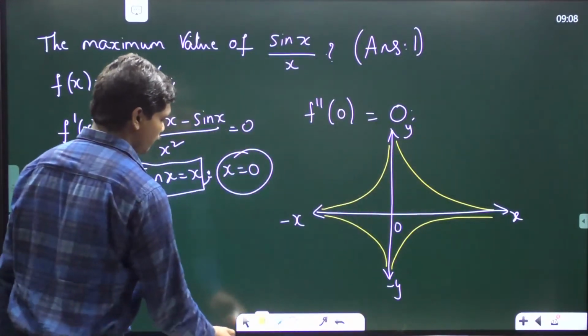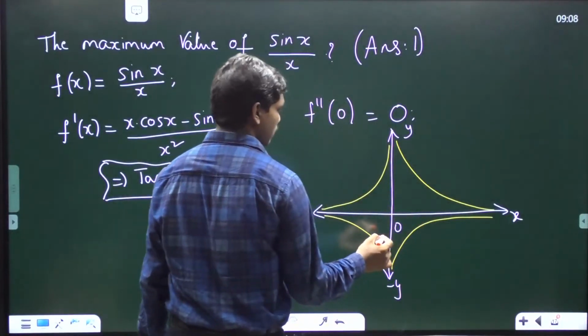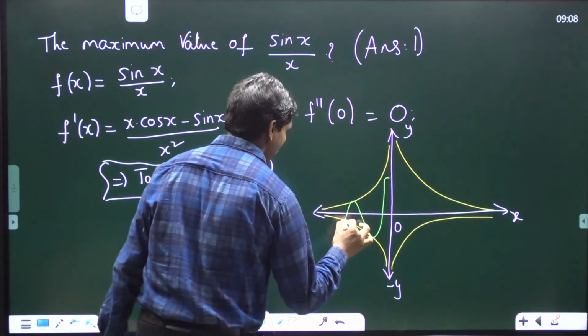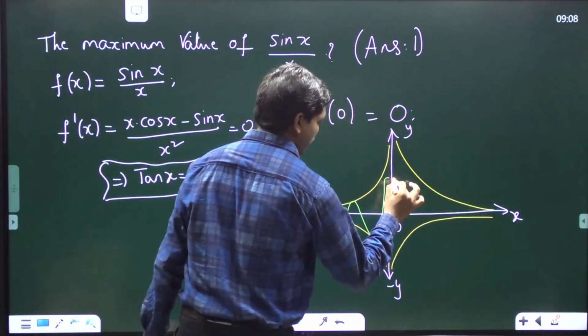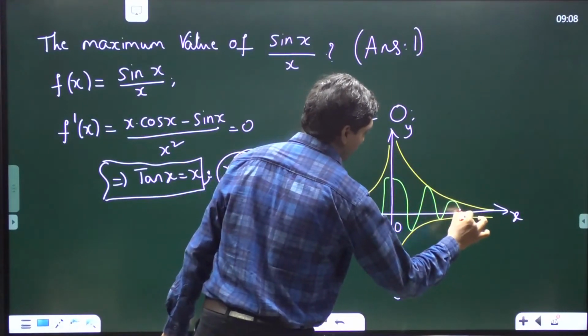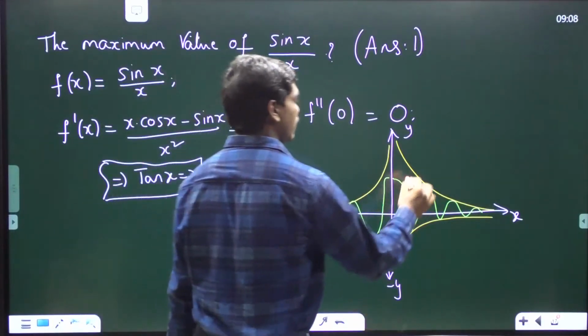Correct. So now the graph of sine x is something like this that we have drawn the other day. So this is how graph of sine x by x looks like, which we have also drawn that day.